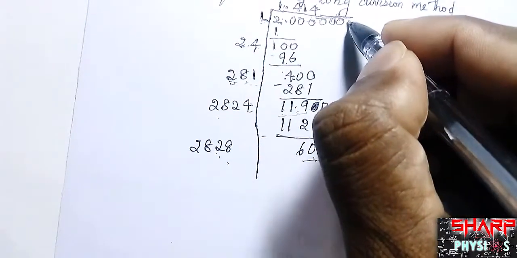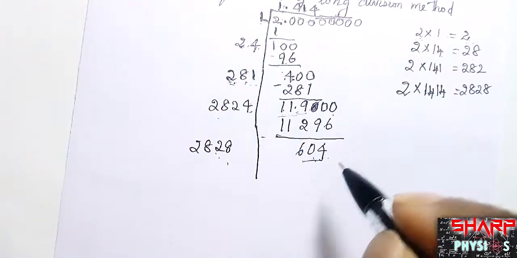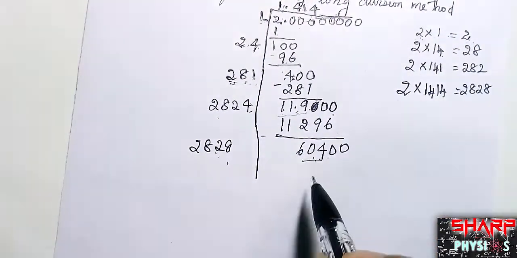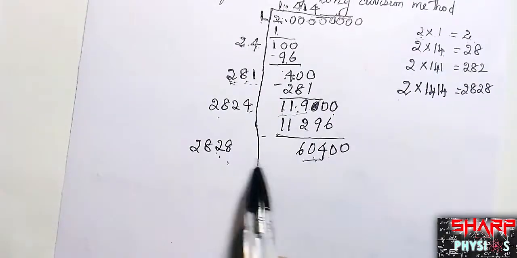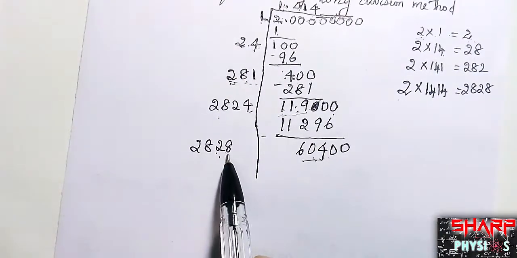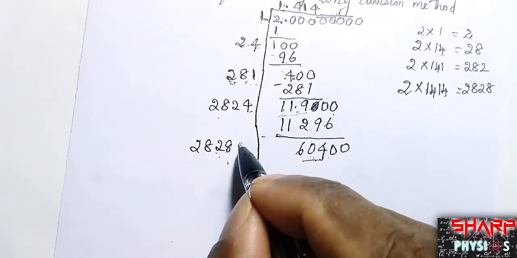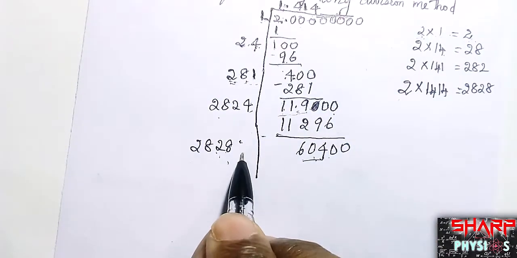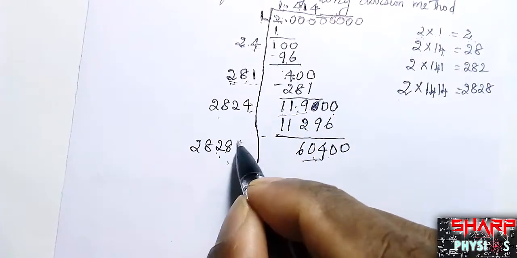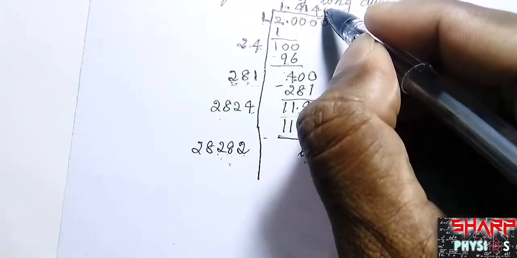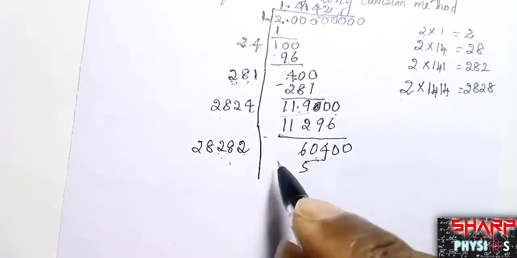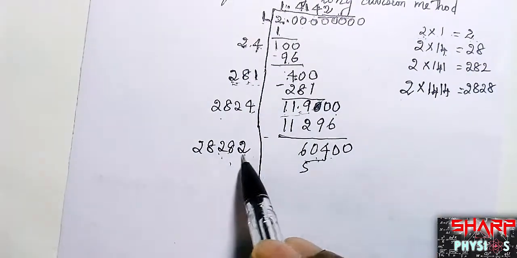So you have to add again 2 zeros and place it here. Now this number is much higher than 2828, so you have to add another last digit. If you add 1, you will get a very low number. If you add 2, you will get nearest to that. It is 2 into this total number.